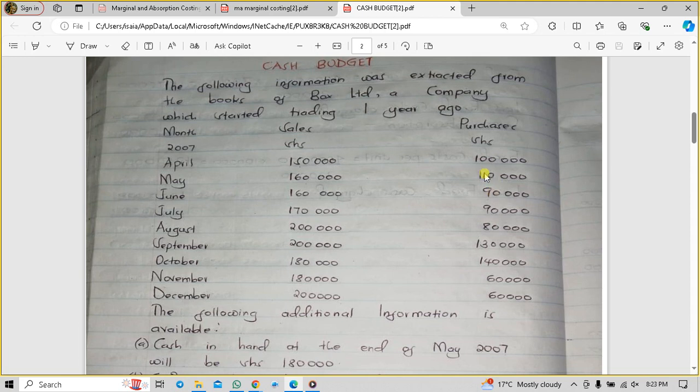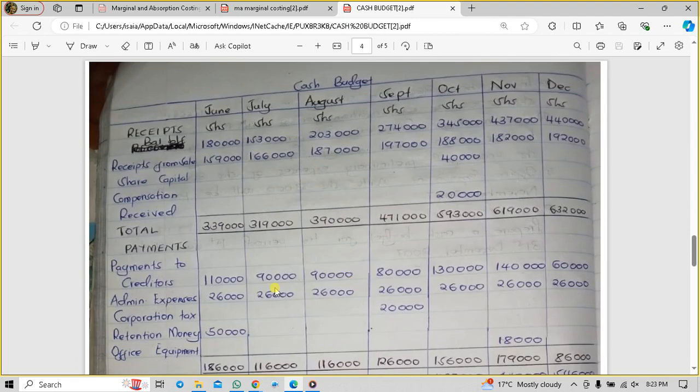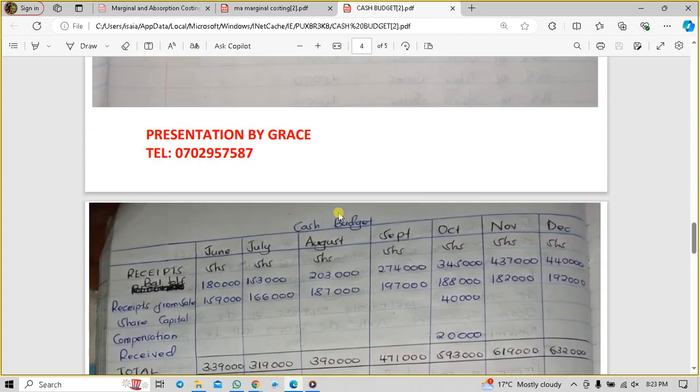June we purchased 110, we pay in June 110,000. So payment in June we will start with 110,000, then 90,000, then 90,000. Like that we purchase 100,000, we pay it in May. So in June we are going to start with payment to creditors 110,000. Then you proceed like that up to the last month.